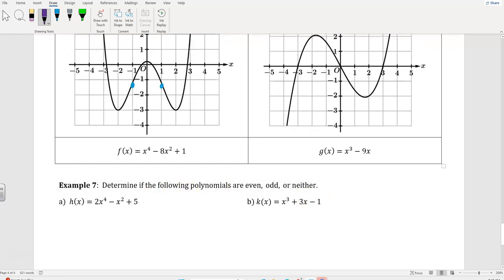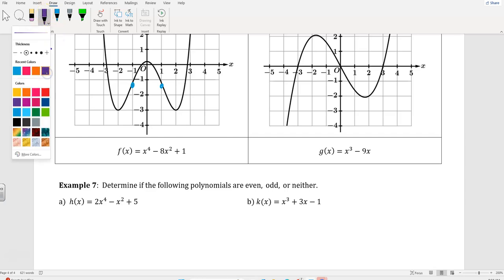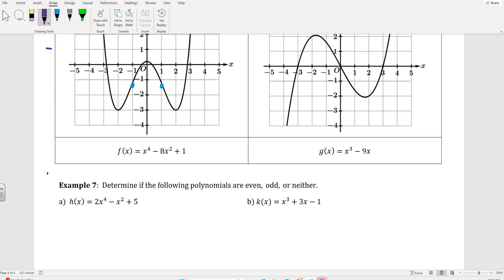We can also tell if a function is even or odd just from the equation, okay? Or for polynomials anyway, not for all functions, because you could have even functions like the one that we looked at on the ACT prep, which was a sine function or a cosine function.